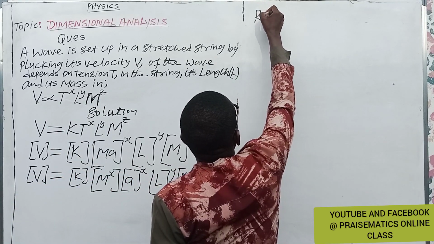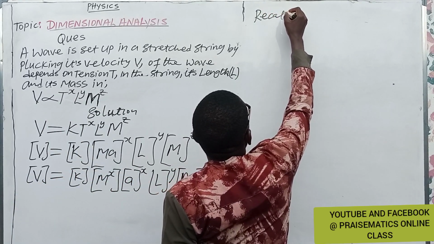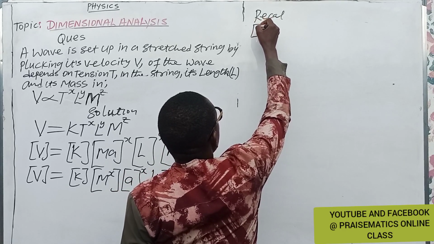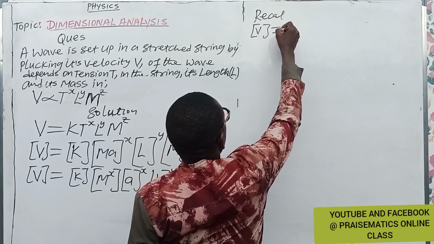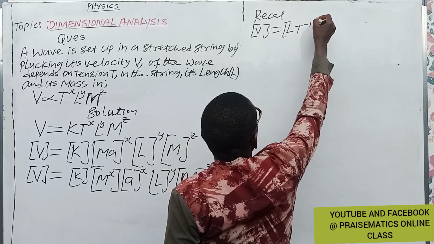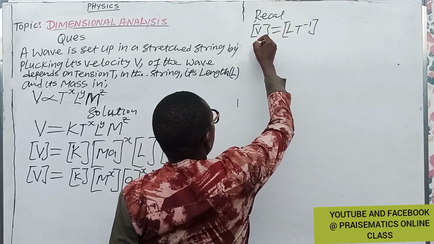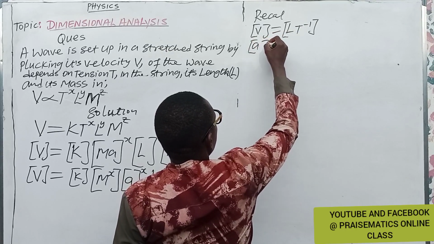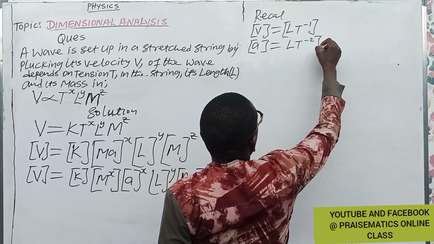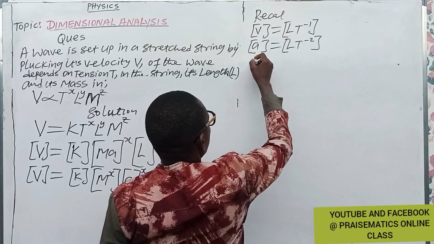So okay, now recall that the dimension of velocity is equal to L T raised to power minus 1. The dimension of acceleration is equal to L T raised to power minus 2.